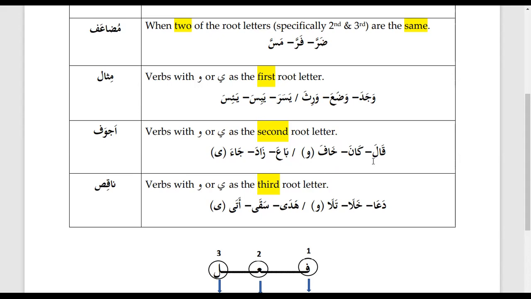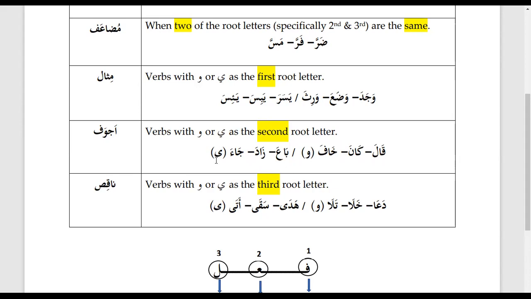So this is where, inshallah, you need to focus a little bit. When you reach the sixth form of the verb, for example, qala, do you remember the conjugation of qala? Can you please go through the conjugation of qala one time? Qala, qala, qalu, qalat, qalata, qulna. So the sixth one has dhamma.